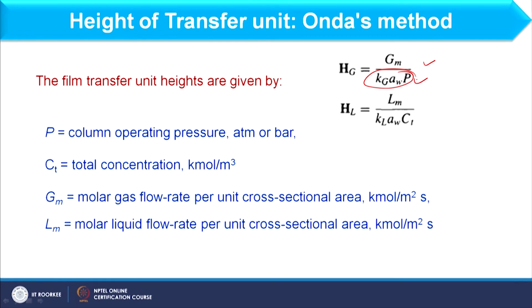However, that is based on effective area as well as gas phase mass transfer coefficient. Okay. And similarly, I am having the HL value that can be given as Lm by KL Aw CT. Okay. So, I think all these parameters you know very well. So, in this way you can calculate the height of the packed column considering Cornell's method as well as Onda's method, right.